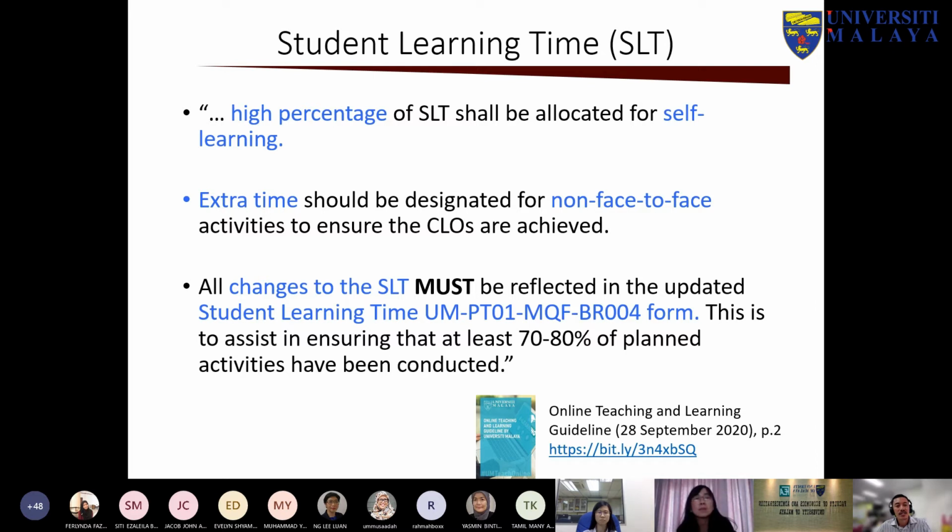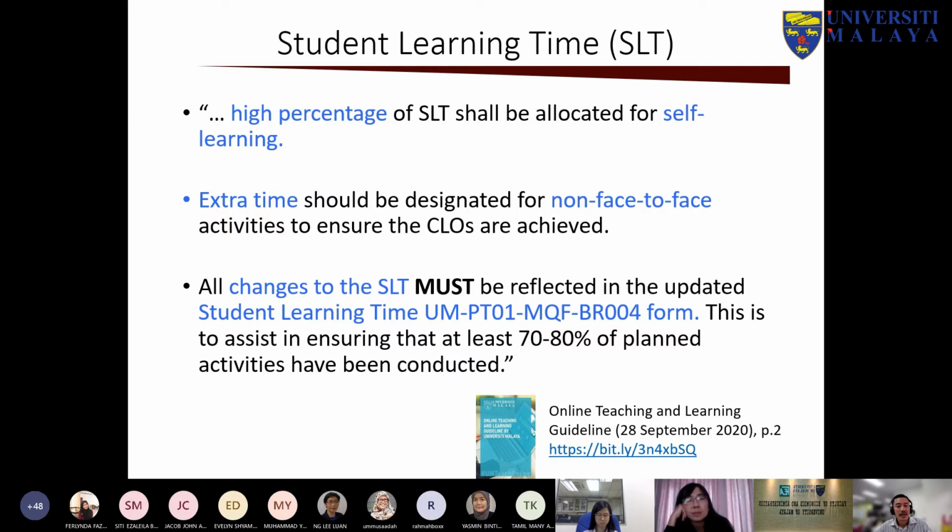What we would suggest is that a high percentage of the SLT is allocated for self-learning. But when we say self-learning, it doesn't mean that we don't give students anything to learn from. You need to design activities within the SLT form and within our Spectrum pages, so that there are enough materials for the students to do their self-learning.